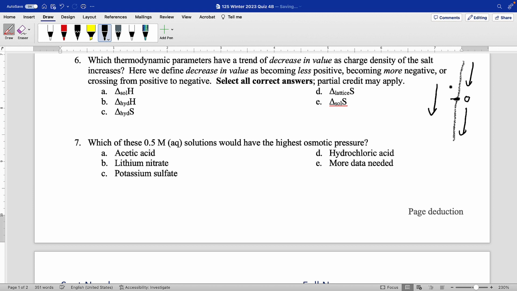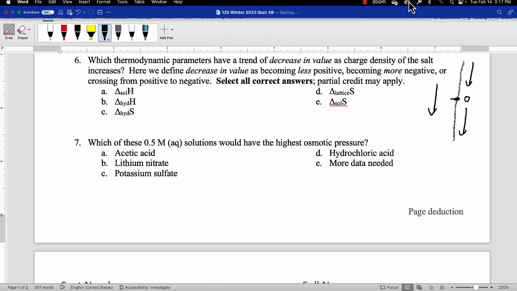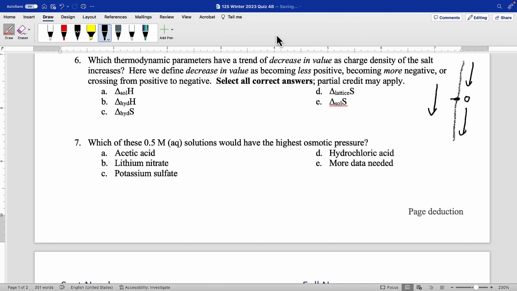We've defined any of those as being a decrease in value. Given that, we have to see which one of these parameters would decrease in value. So let's start with the heat of solution.